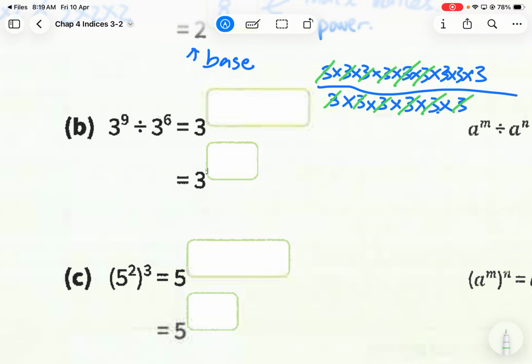So actually, the result is, when I have the same base and I divide, 6 will be used to cancel out 6 from here. So my power is just 9 minus 6. Can you see, right? Because 6 of them cancel with 6 of them. So actually when I divide, it is just the power minus the power.